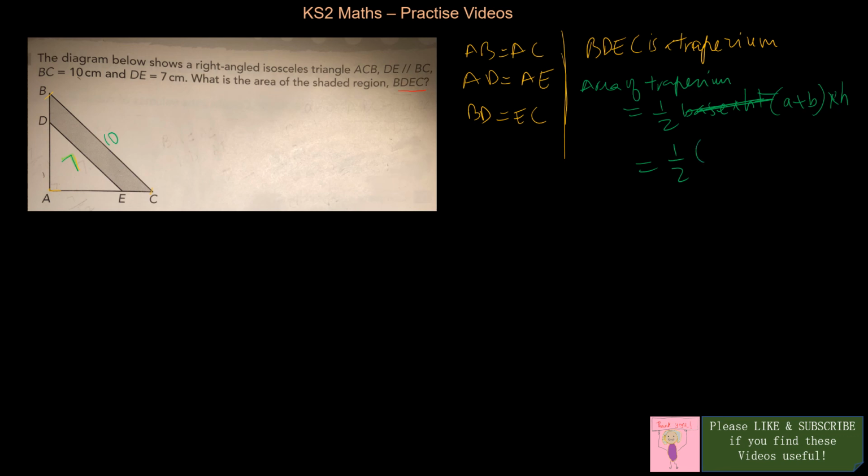That is half times 7 plus 10 times h. If we say this is h, that is what we don't know.